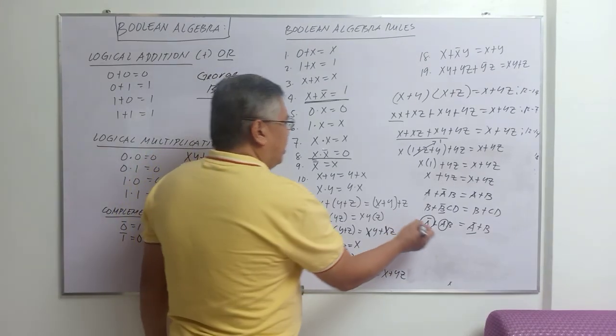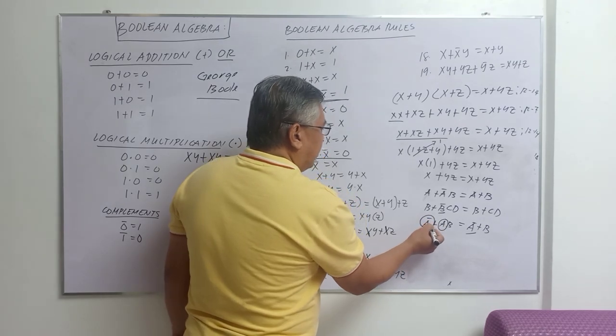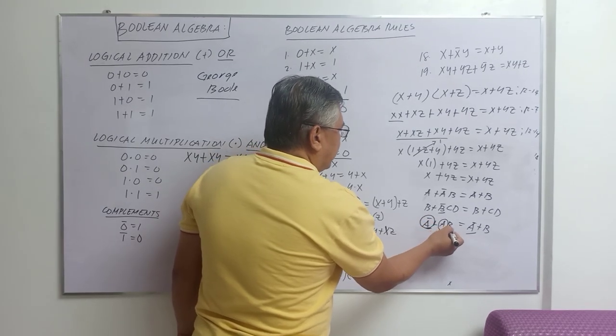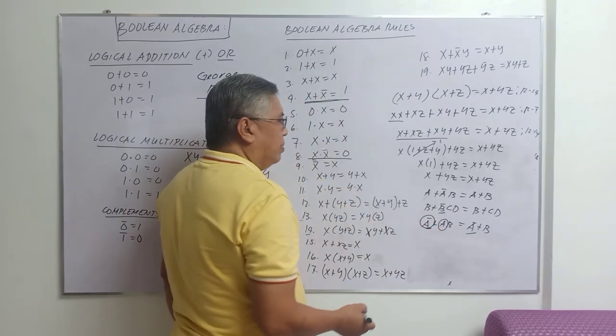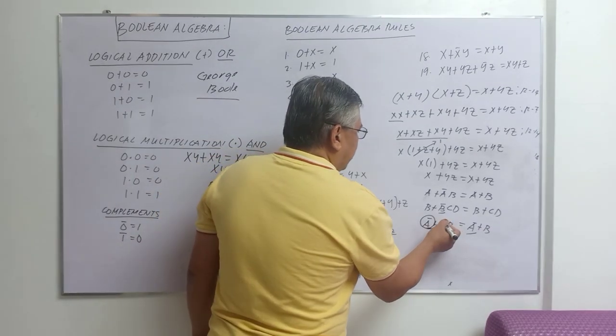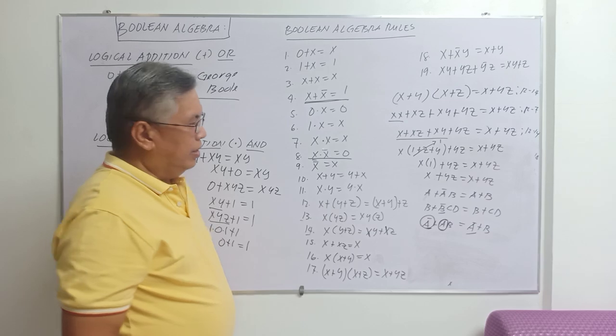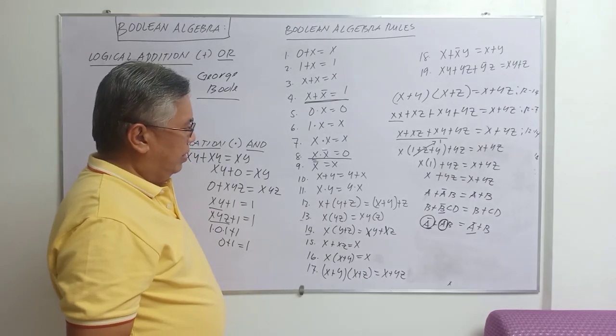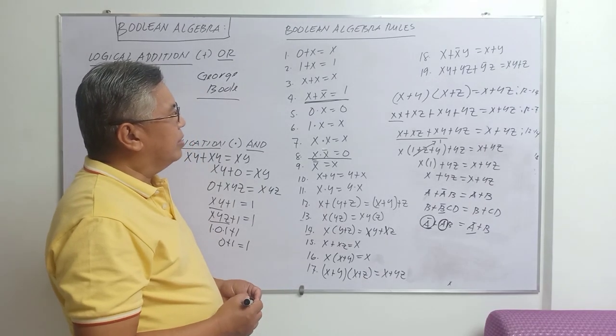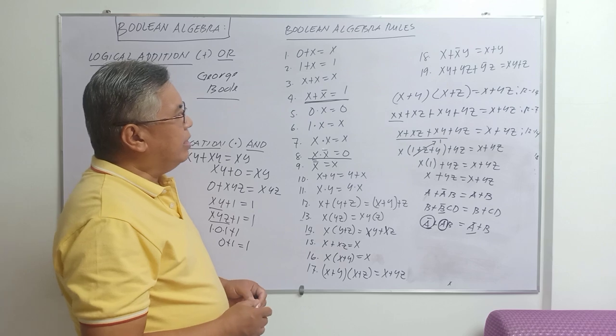In this particular case, a bar is a single variable, and a here is multiplied to another variable, which is b. So this one here will be removed from the equation. Alright? So that's how we interpret rule number 18.